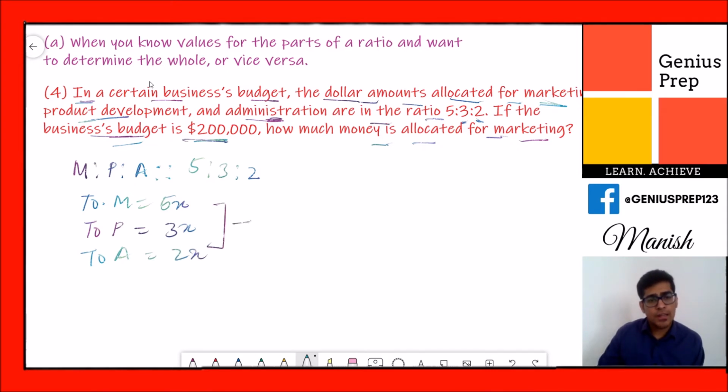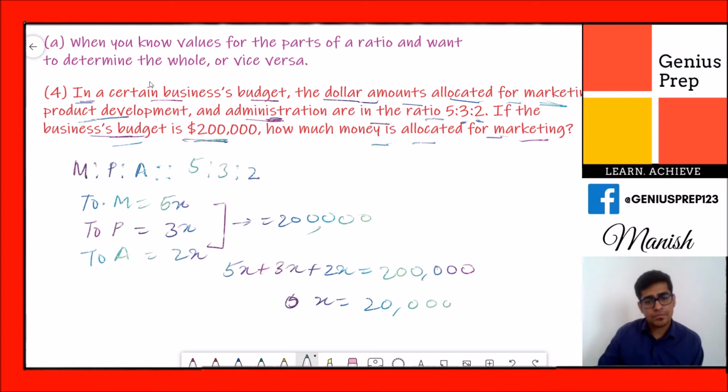When you add these, it is equal to $200,000. So 5x plus 3x plus 2x is equal to 200,000. When you solve this, you get x equal to 20,000.